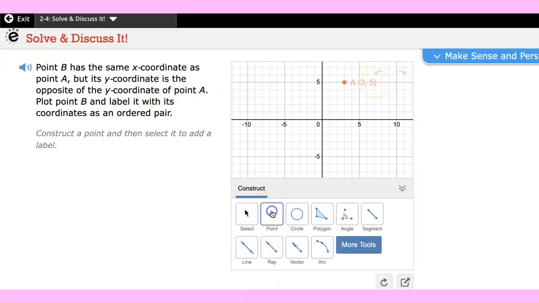So therefore, our point will be, this is the same x, and then we could label this.